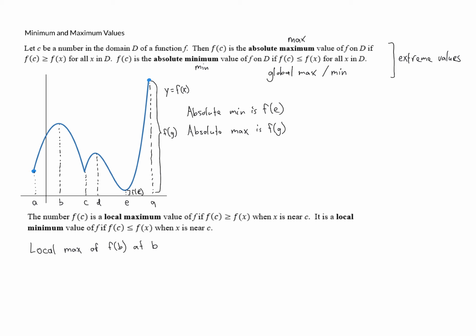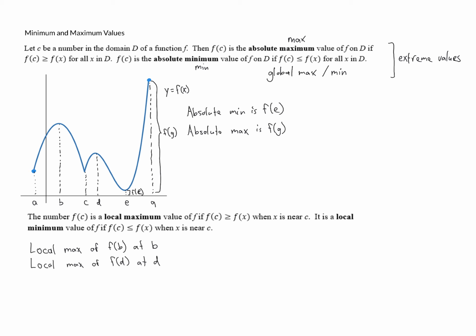Are there any more local maximum values? Looks like there is here at d. So we could also say we have a local max of f of d. That is the local maximum value, and of course it occurs at d. We also have 2 local minimum values in the middle of that function. We have this one right here.